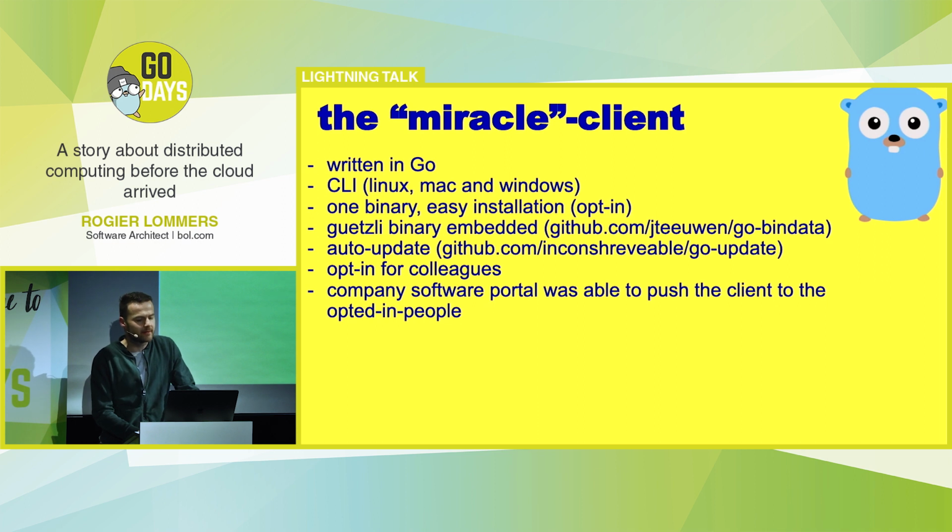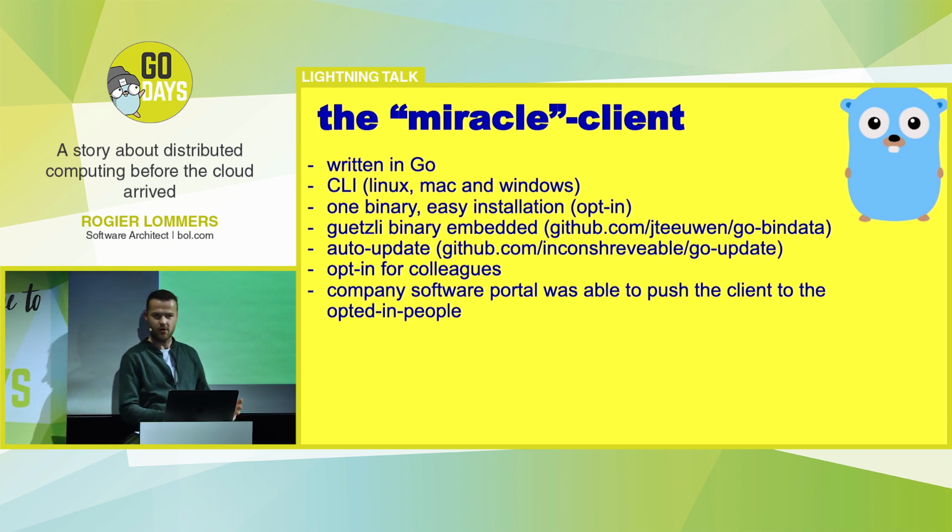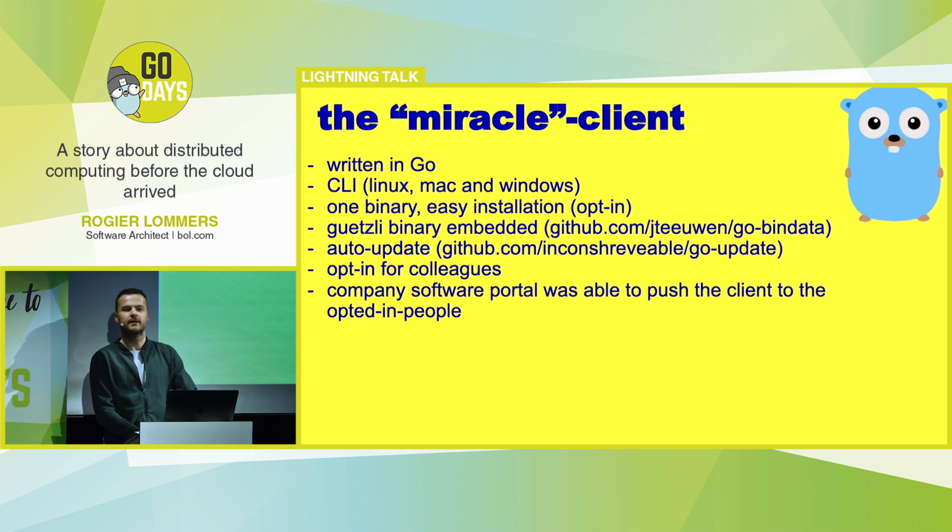I needed to make the getsee binary also available on their laptops, so I used a package called go-bindata. I'm sure you are all familiar with that, which allows me to embed getsee into our own binary. After starting, I simply save the file to the user's home directory, make it executable, and there you go.